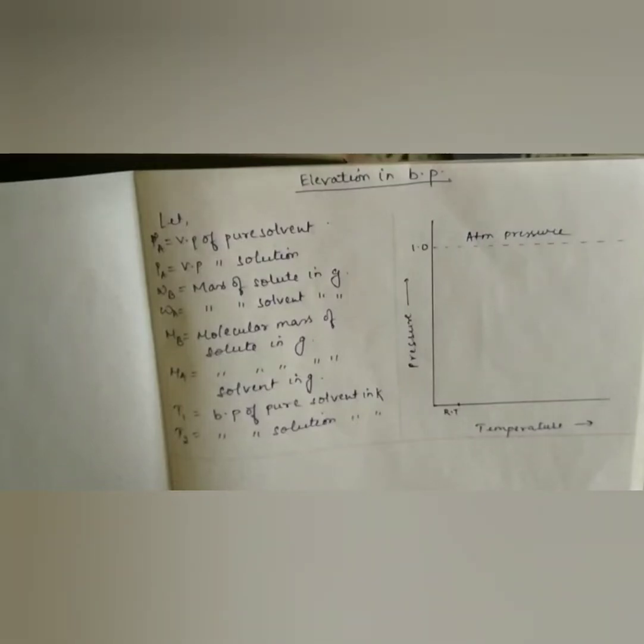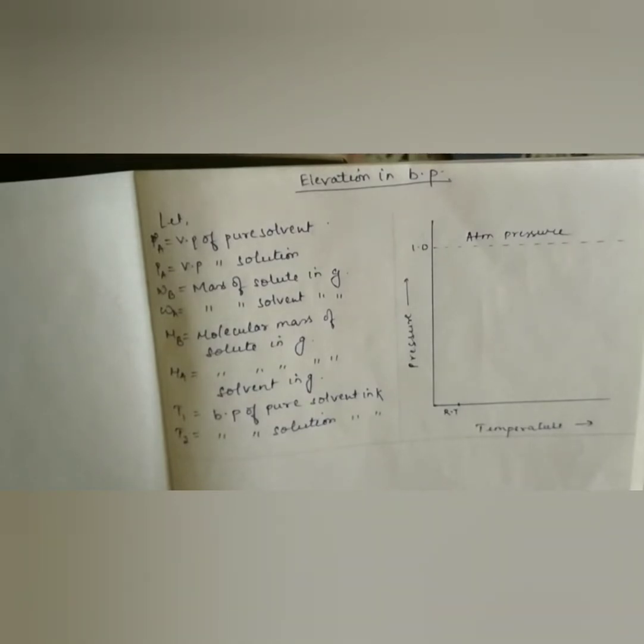Now, how the lowering of vapor pressure takes place due to addition of a non-volatile solute in a volatile solvent, we have discussed in detail in our previous class. So if you don't remember, please go and watch the previous class's video. So due to this lowering of vapor pressure, the increase in boiling point of the solution takes place.